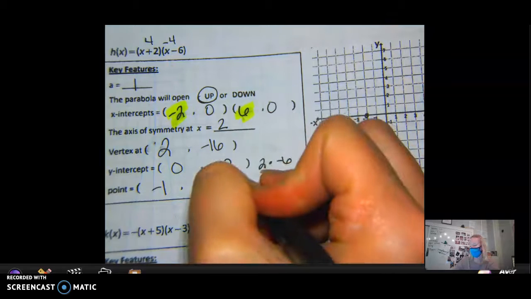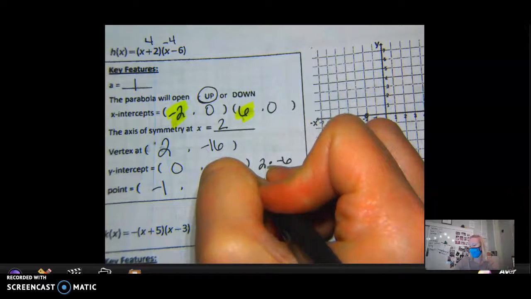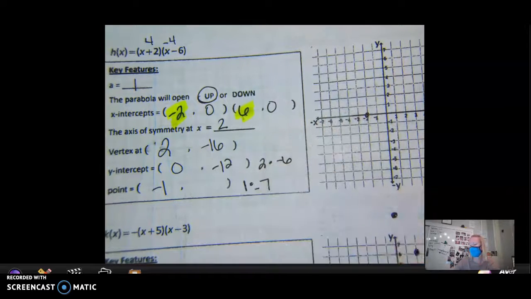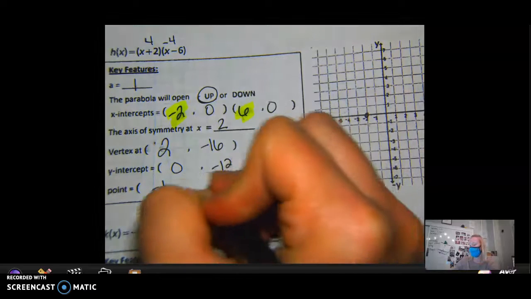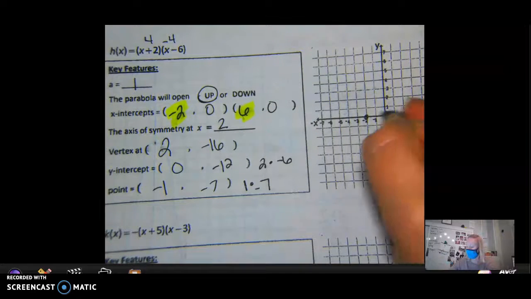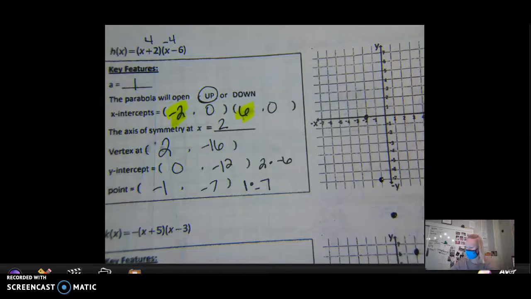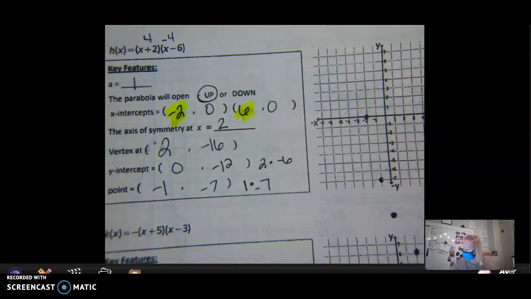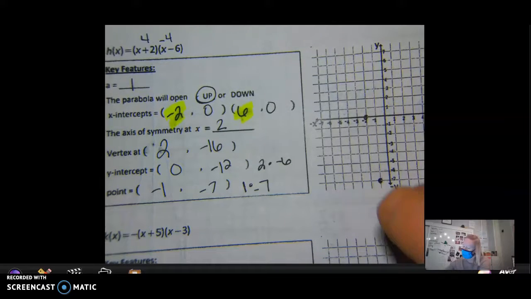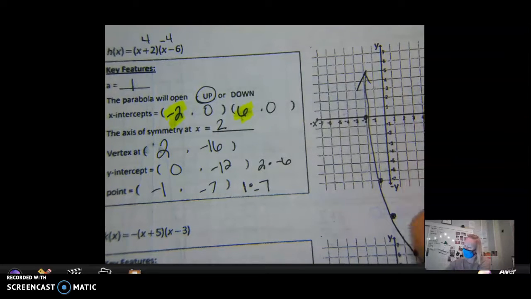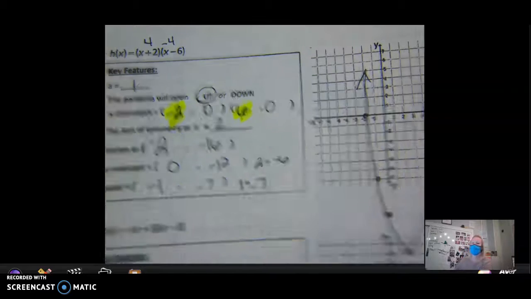Times what's -1 minus 6? -7. -7 times 1 is just -7. So I'm back 1 and down 7. I could even mirror image that point over here. So this is what my parabola should look like.